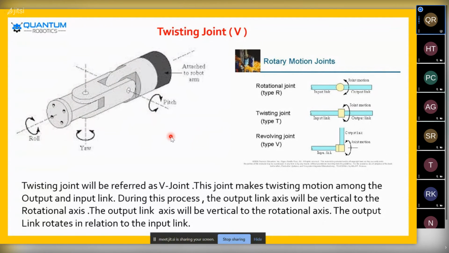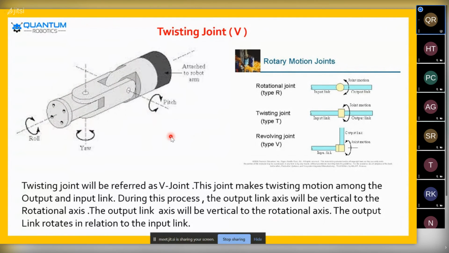It represents the attachment to the robot arm with pitch, yaw and rolling motion. All these motions are added in a particular joint, and it makes a rotating motion as well as an angular rotation of motion. That is called the twisting joint.